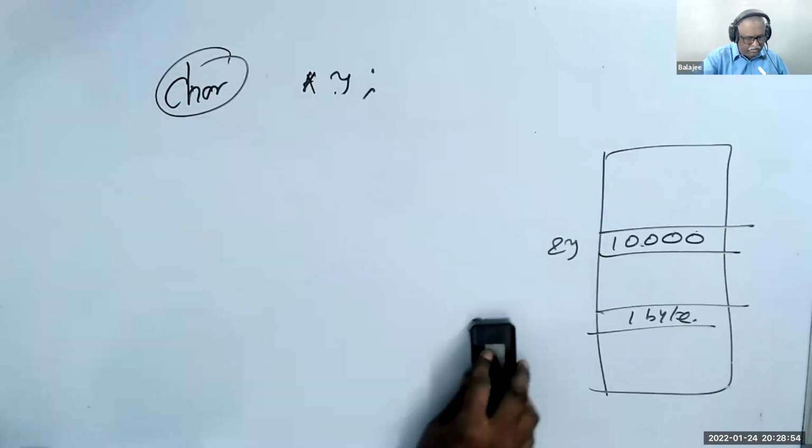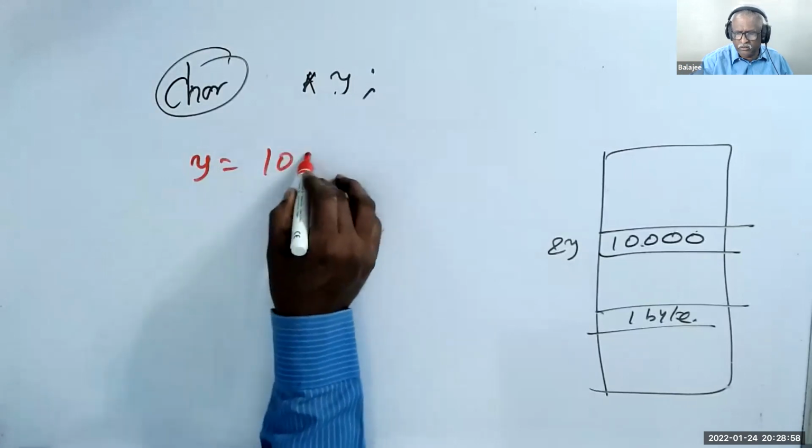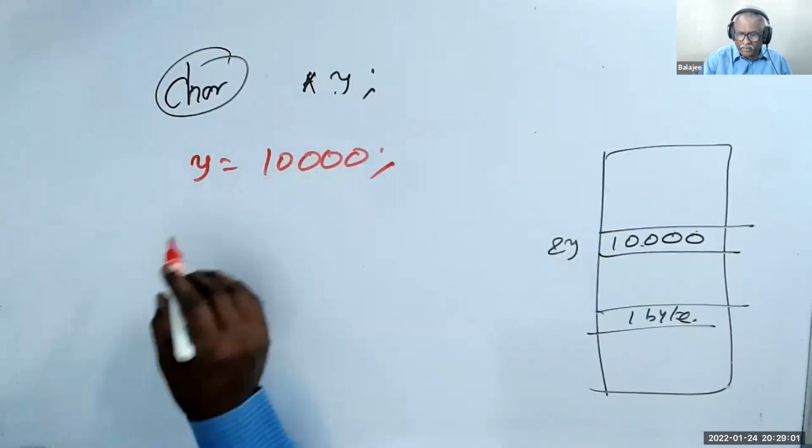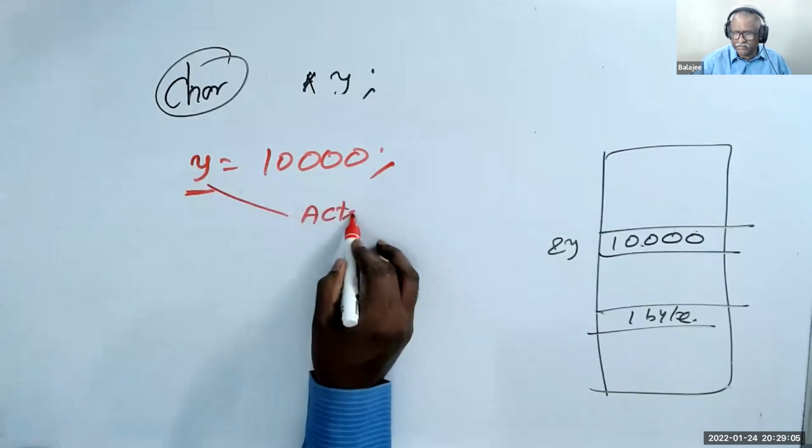When you put y is equal to 10,000, that time y acts as a variable.